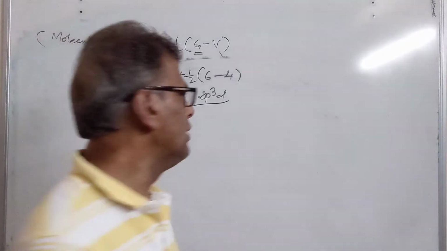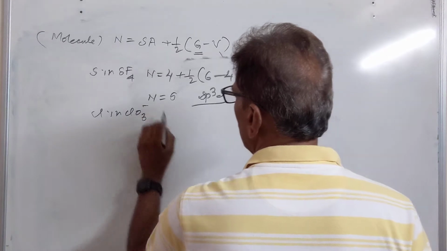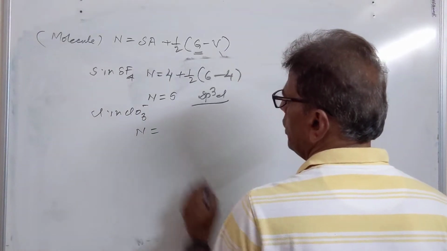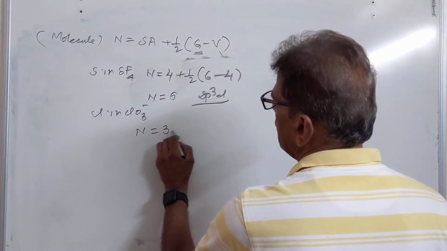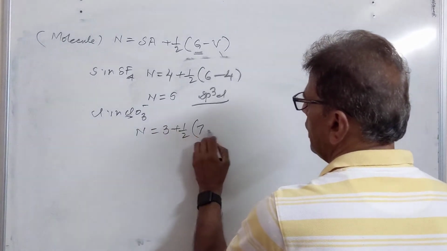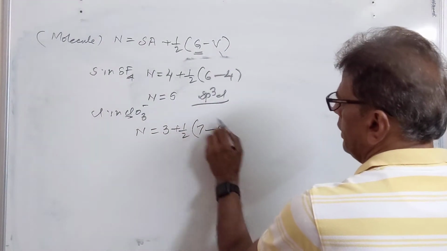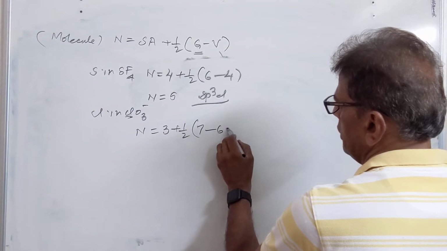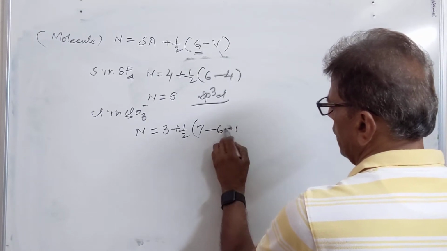Then we have Cl in ClO3 negative. The value of n can be calculated. Surrounding atoms in this case are 3, plus half of the valence electrons in Cl, that is 7, minus the valency, which is 6 here, and the negative charge is added. So this is 1, which is added here.